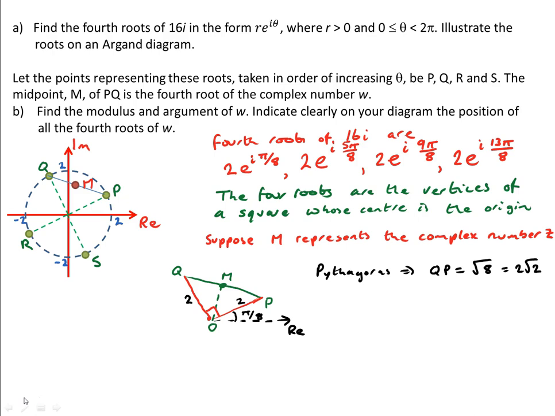M is the midpoint of QP, so that tells me that P to M is a half of Q to P, so P to M is root 2. If we think about the triangle OPM, it's right angled, because we've got the right angle at M, and we also know that angle OPM is 45 degrees.